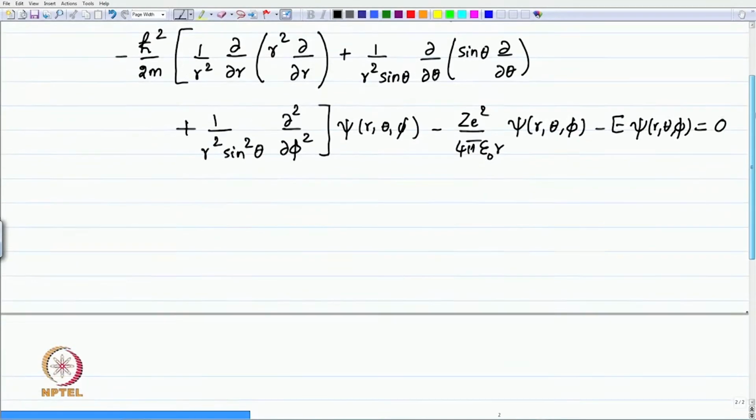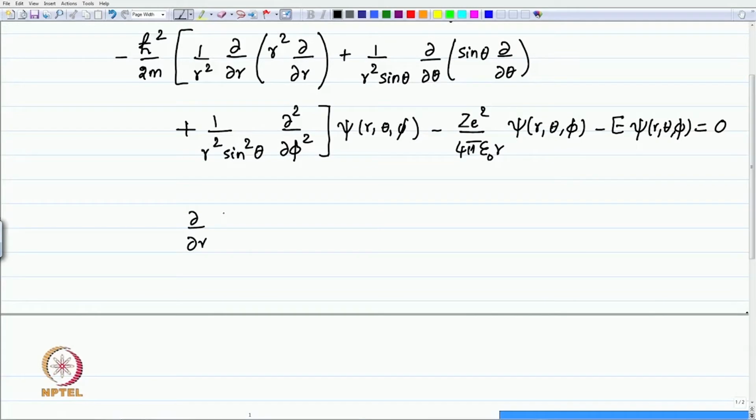notations here. When you write dou by dou r of r square dou by dou r psi of r, theta, phi, what it means is a sum of two terms, namely derivative with respect to r and derivative with respect to the first derivative.